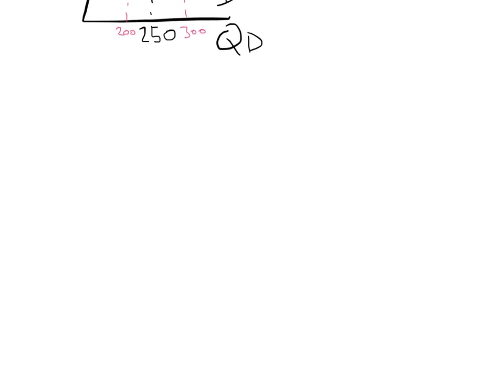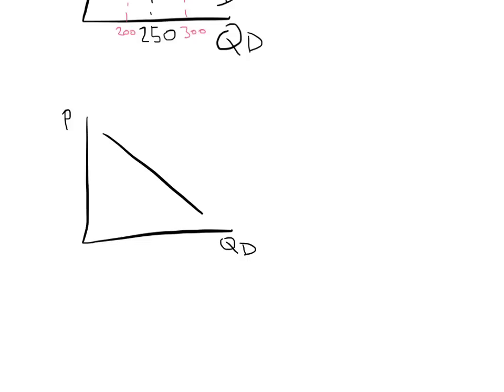Let's draw another quick graph. Again, the vertical axis is price, the horizontal axis is quantity demanded. We have our demand curve downward sloping and our supply curve upward sloping, and we have of course our equilibrium. Our equilibrium price will stay at 35 pence.